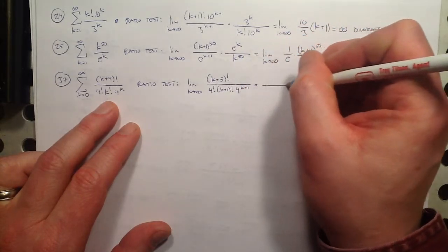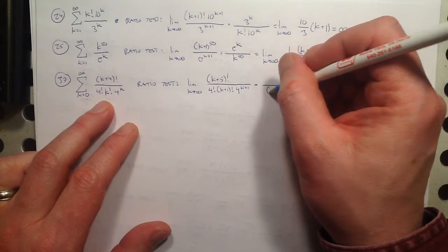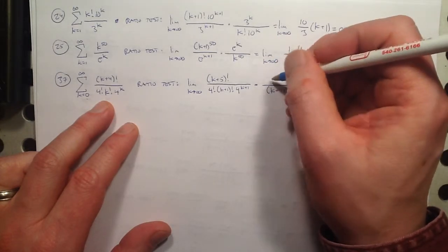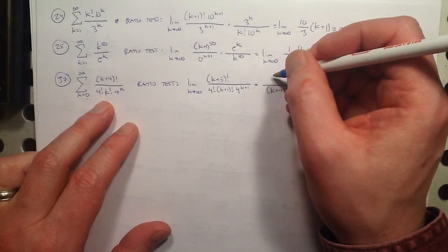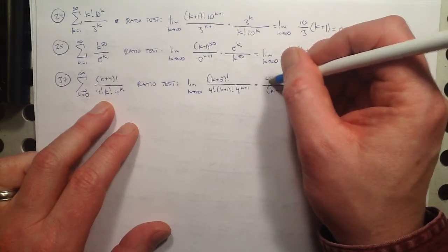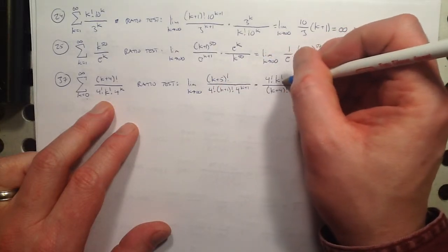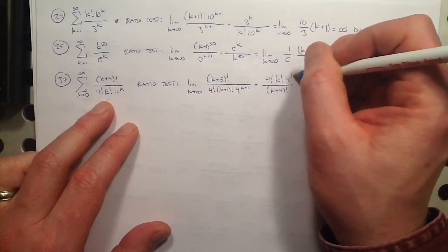Divided by, which is the same as multiplying by the reciprocal. And up here we've got 4 factorial. That's just a constant, right? So they're going to cancel out. k factorial, 4 to the k.